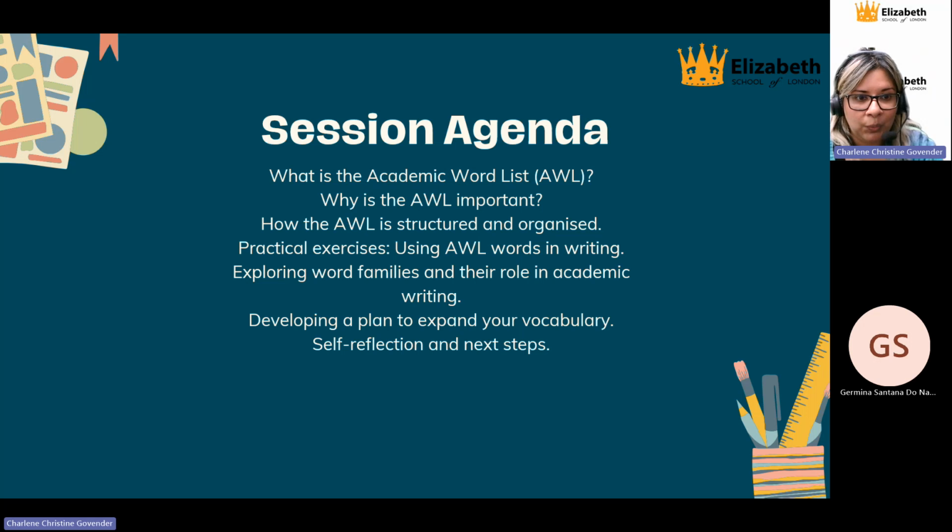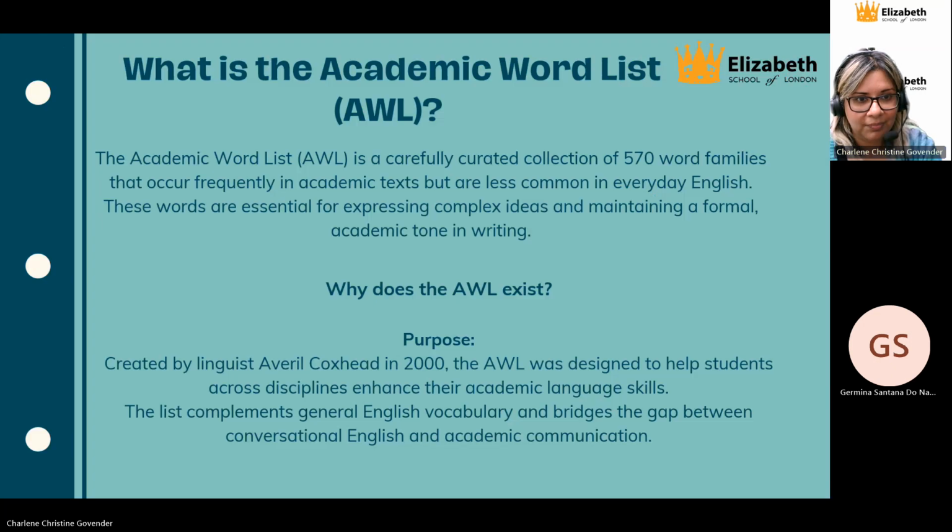Then we're going to explore word families and their role in academic settings. And we're going to look at developing a plan to extend your vocabulary. Okay, that is the whole point of today's workshop, looking at how we can incorporate these words found in the academic word list in your vocabulary, and of course, the self-reflection and next steps.